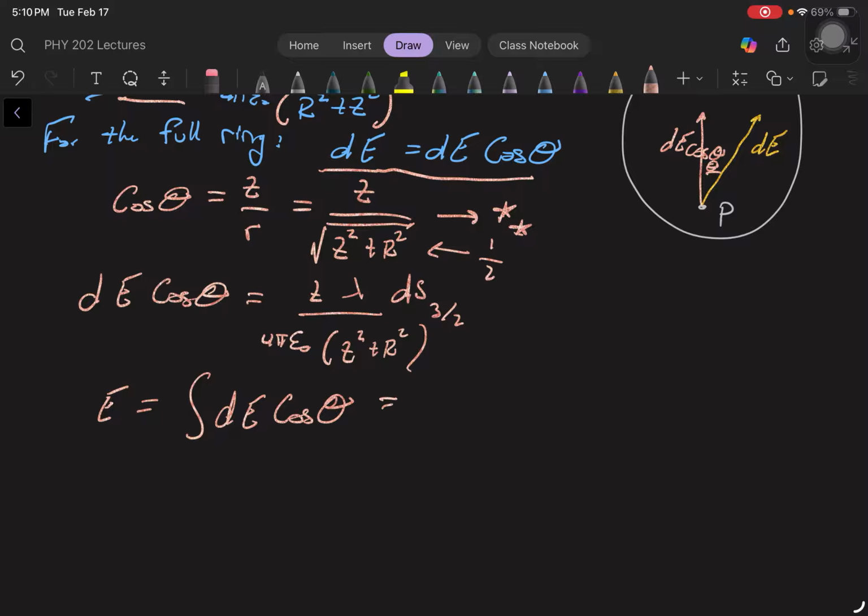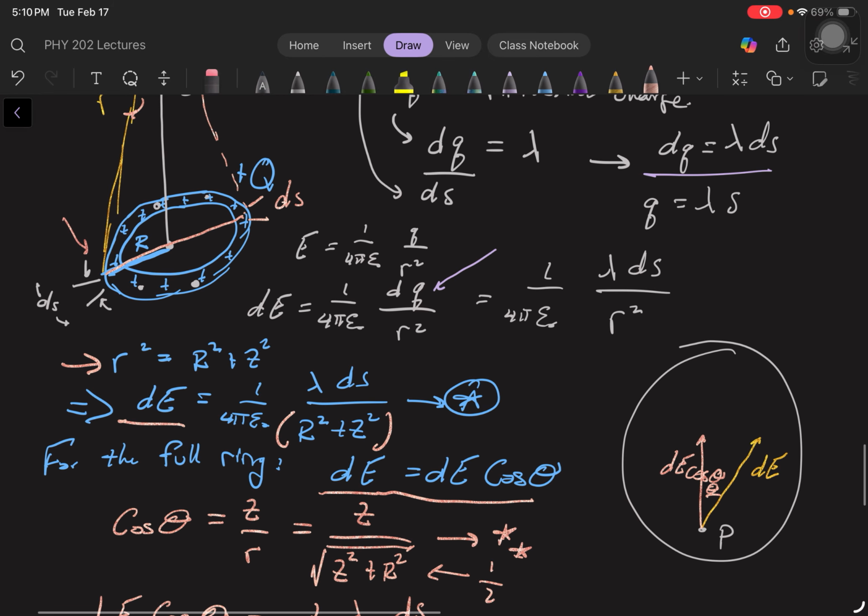And we get that is equal to, let's pull our constants out, Z lambda over 4 pi epsilon naught, and I guess we actually can pull the Z out if we're given a fixed value of Z. And then in other problems, you just plug in what you need, because Z is not affected by the ds going around the ring.